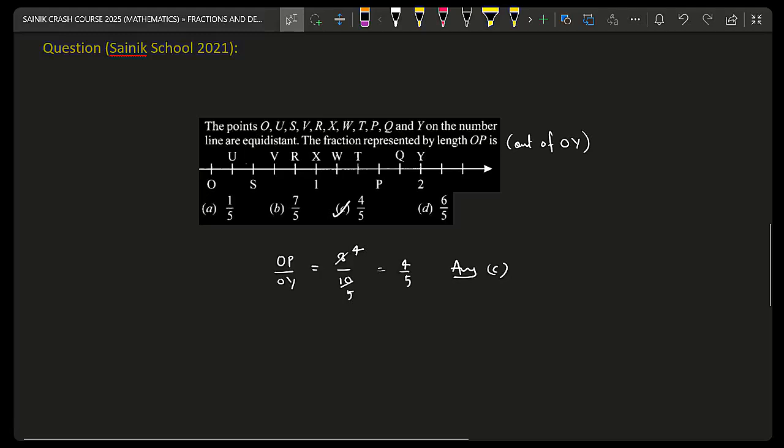From O to Y, how many parts are there? Why did you take OY? Because it is in the question. Actually, the question print was not there, it is missing. That's why I added it in the question. They are asking what is the fraction represented by the length OP out of OY. OY is a total of 10 parts. So now we can simplify. You get the answer 4 by 5. Okay? Yes, sir.